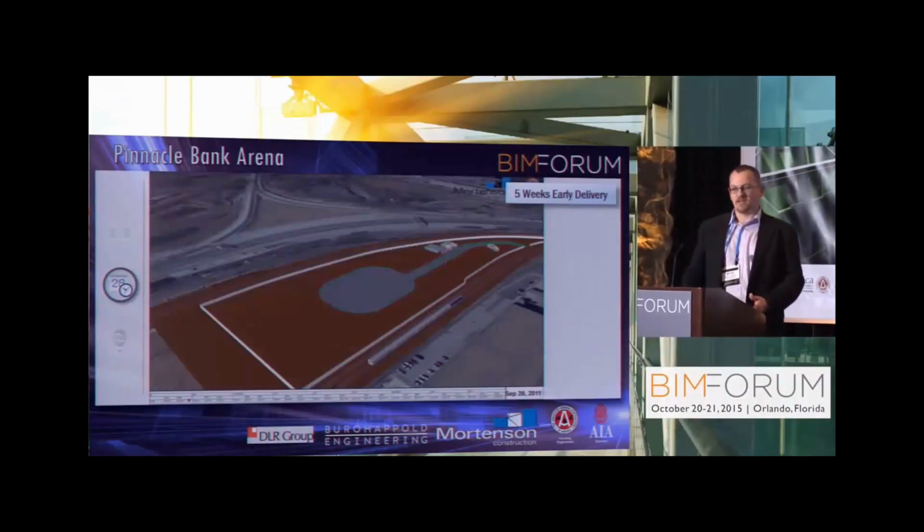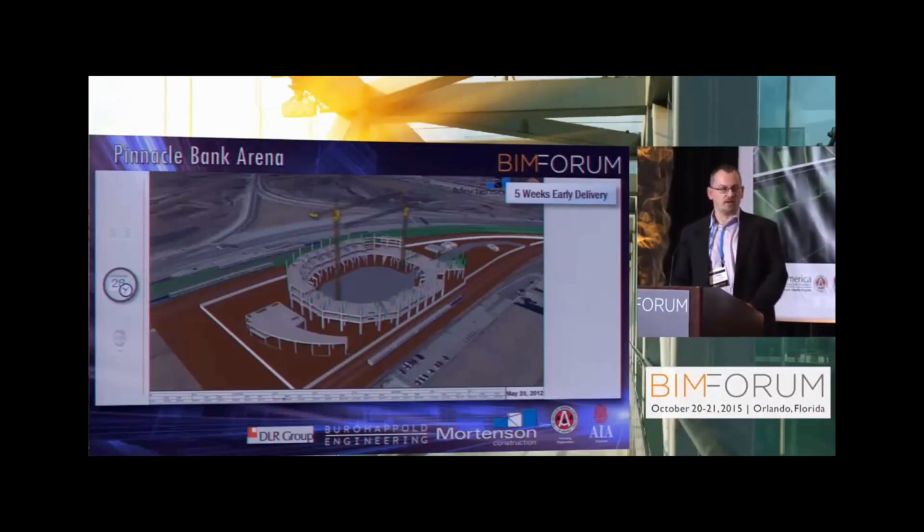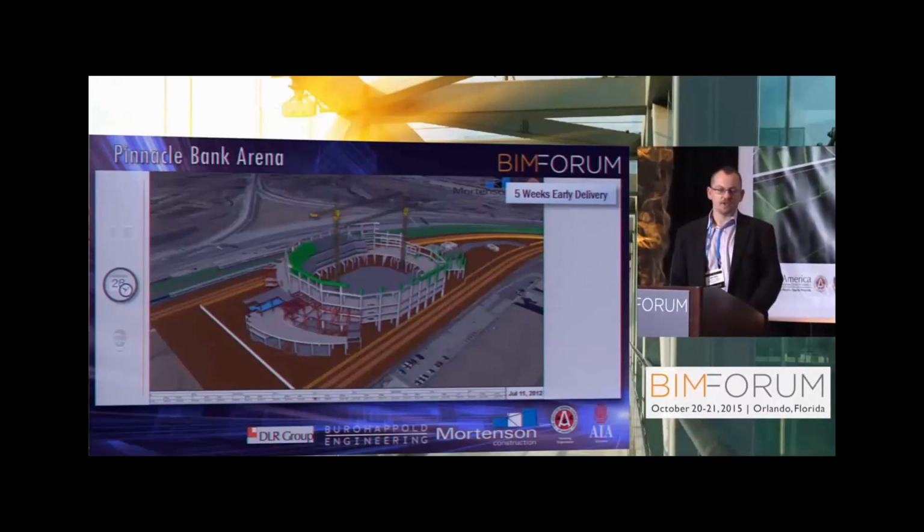Obviously that kind of concept on a Gantt chart is really hard to understand by our customers. So we produced the 4D models to support that message and communicate it with them and convince them that this is a viable plan. It will allow you to open the arena a year earlier, and we can do it.